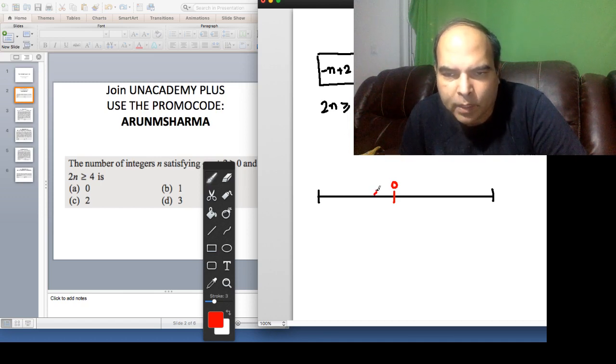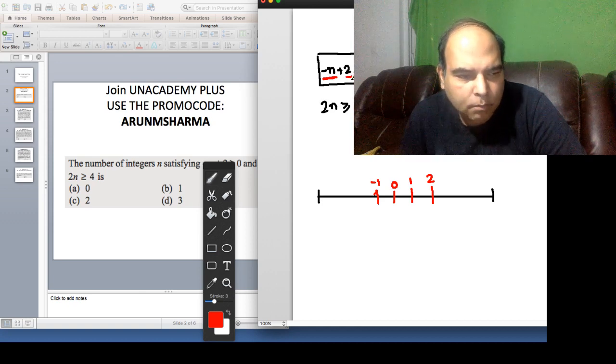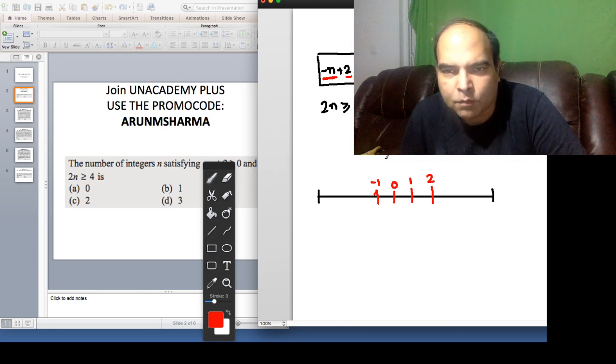If you put a minus 1 here, minus n will become plus 1. So on this side also it's working. But if you go on this side, add 1, minus n is minus 1 plus 2, so that value becomes 1. And if you go to 2, minus n is minus 2 and 2 is plus 2, so minus 2 plus 2 gives you 0.